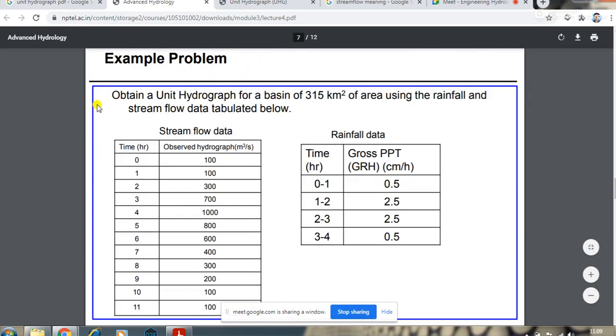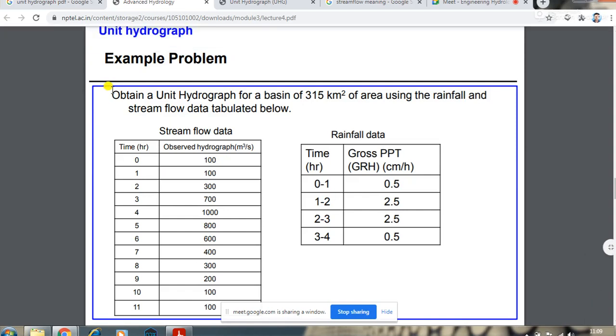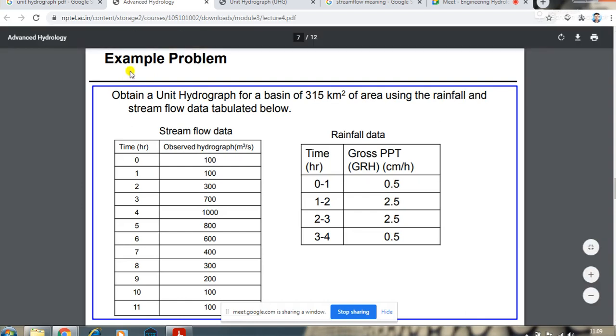Now there is a given problem through which we can try to understand the unit hydrograph. For a basin of 315 square kilometers of area, the rainfall and stream flow data are tabulated below.